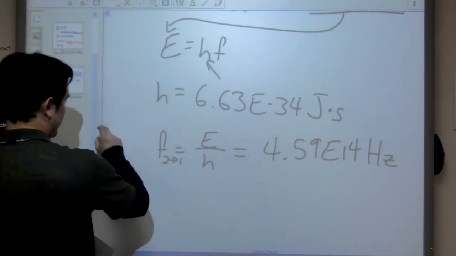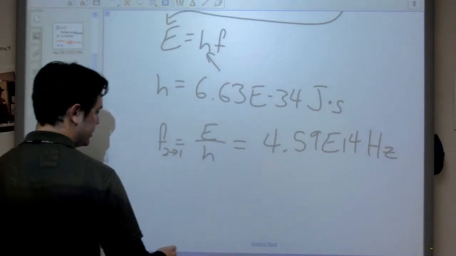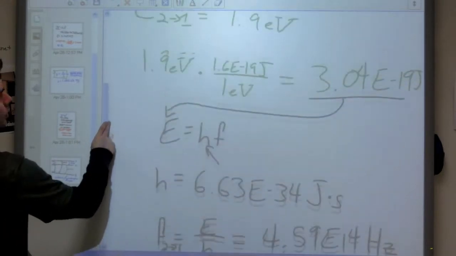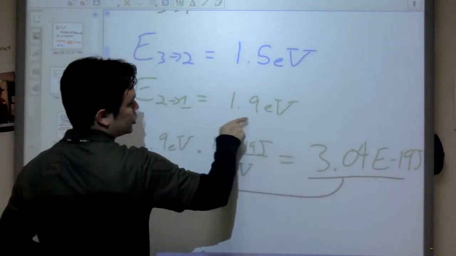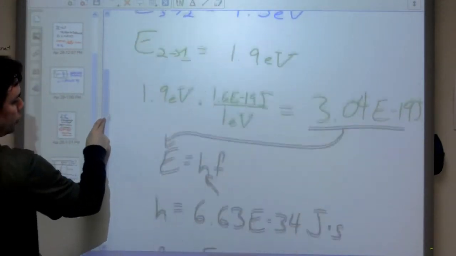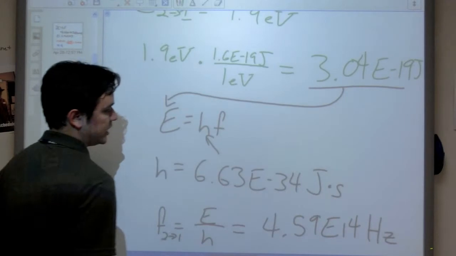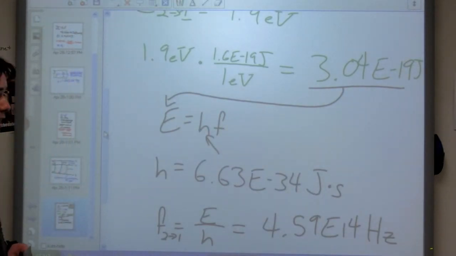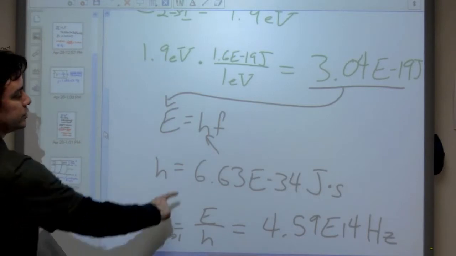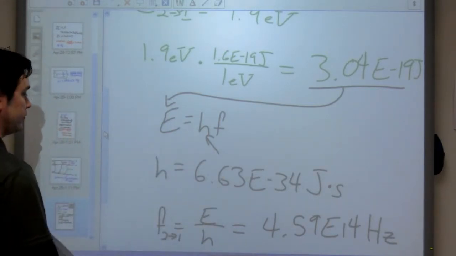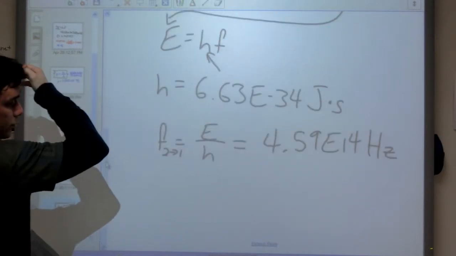And I apologize, I probably should have kept this in the color format that I was actually using. But take a look at how that's done. We convert our energy into joules, which is something we're a little more used to using. Then we use Planck's constant with joules times seconds. However, we could have done the exact same thing and found the frequency by using the energy in electron volts and using the different version of Planck's constant with electron volt seconds, because then our units would work out.